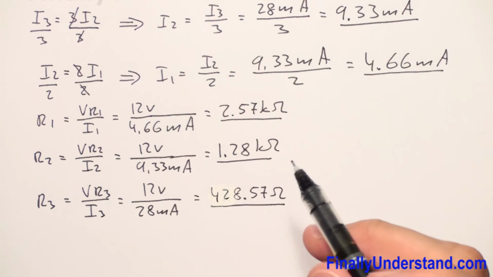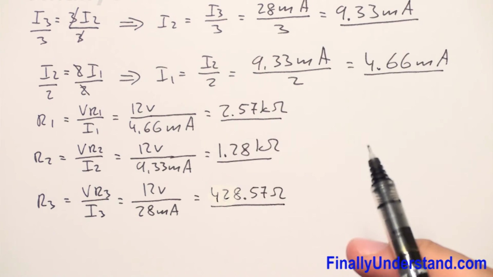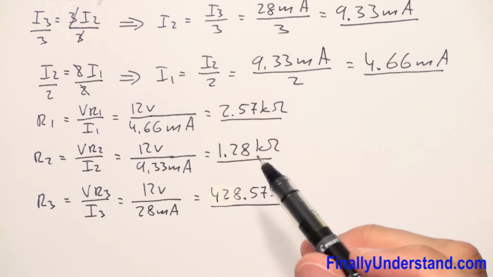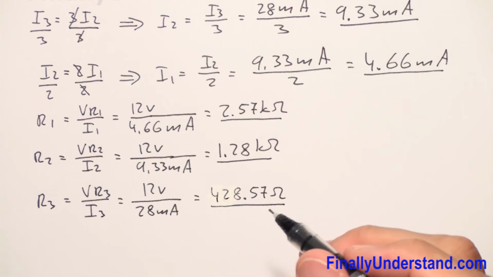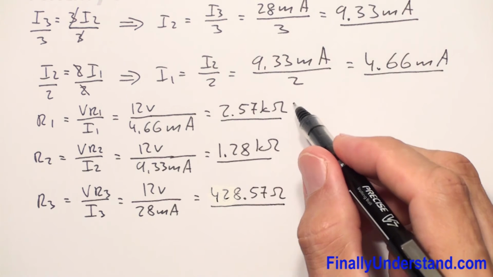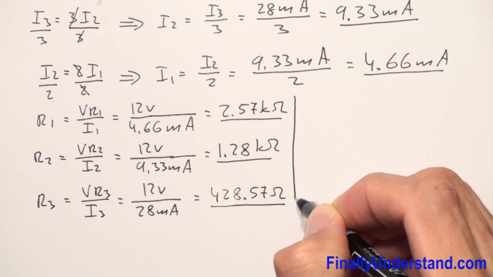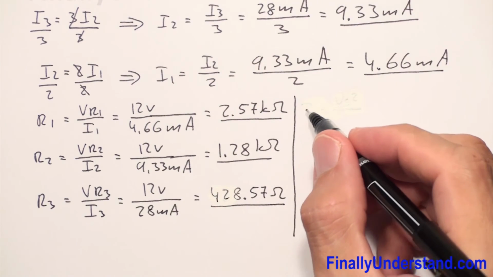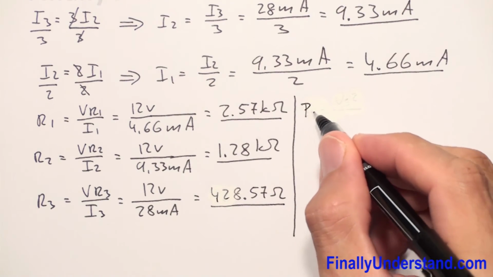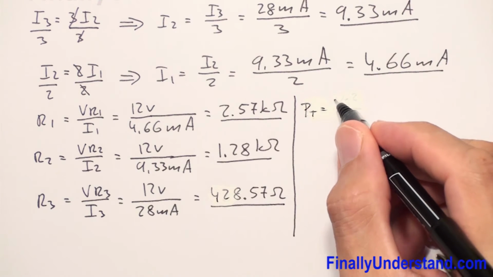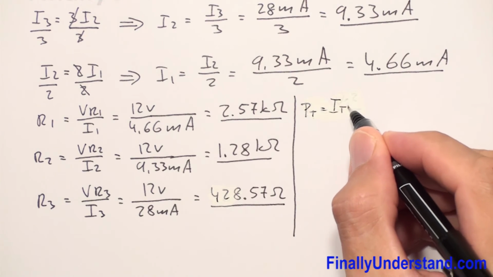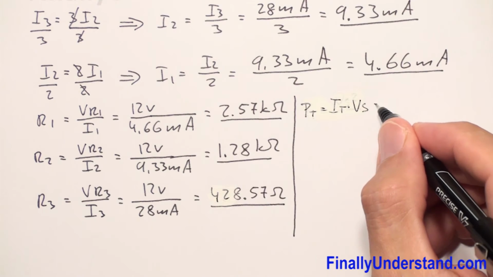We found all voltages, we found all currents. Now we're supposed to find the powers. I'm going to write the powers over here. P total, okay, total power is equal to I total times voltage source.